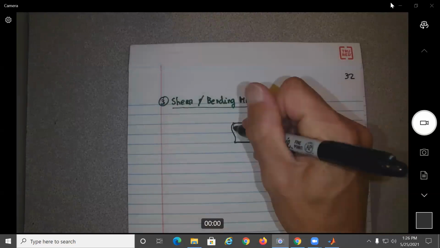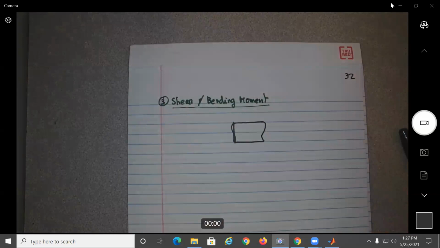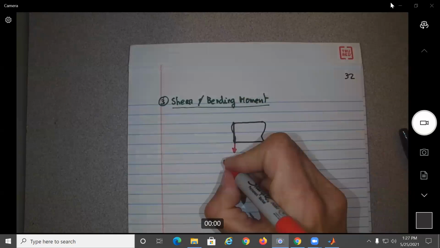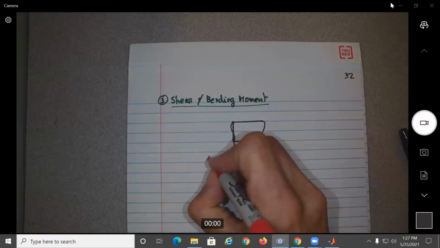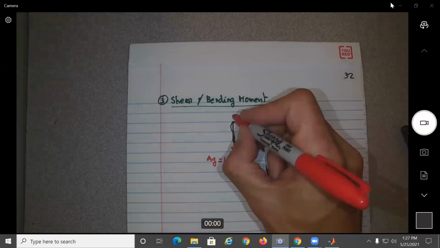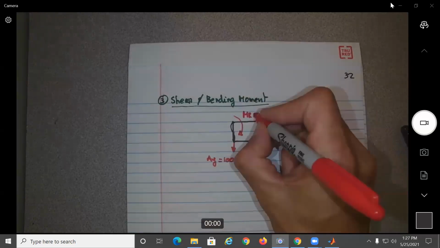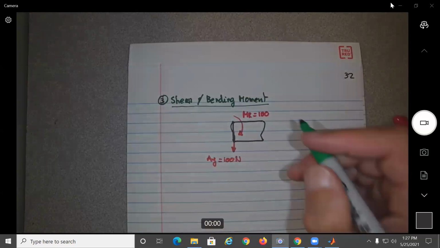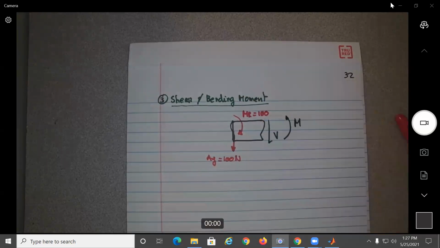Sorry, this is straight. This is the cut, we make it over here. Here we know we have Ay equal to 100. It's going down because it's negative. And we know that M sub r goes clockwise and is equal to 100 as well. Here we're going to have the shear force, and this will be the bending moment.